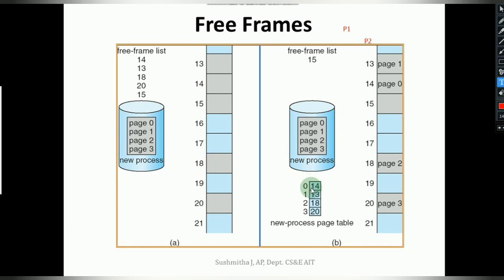This is a little overhead that may be associated with the operating system to maintain and keep track of the information, but it is something that ensures security and protection. So we can see here the 4 pages.